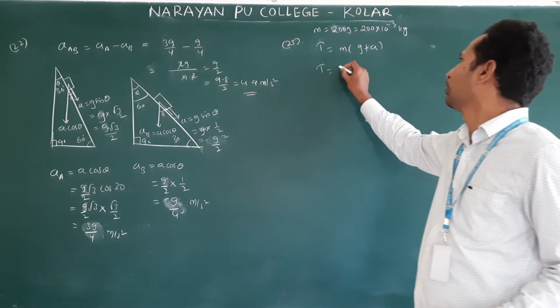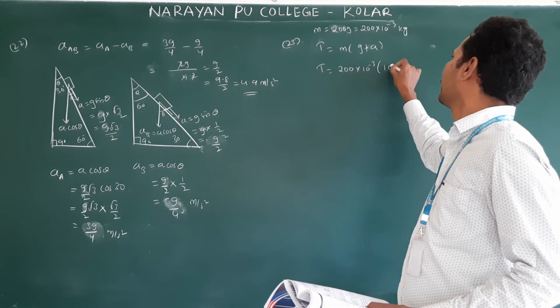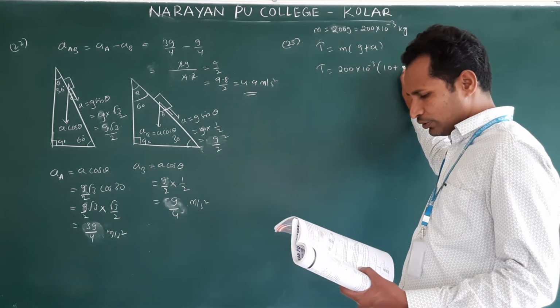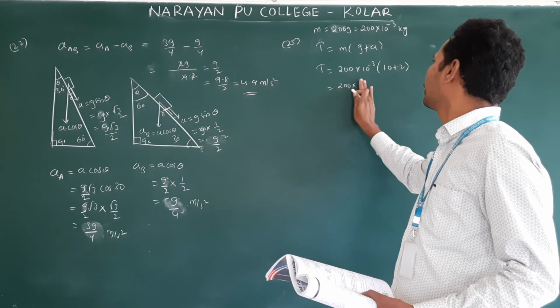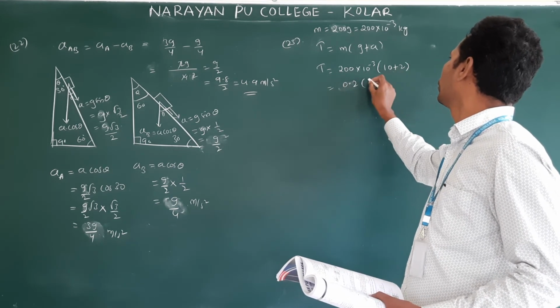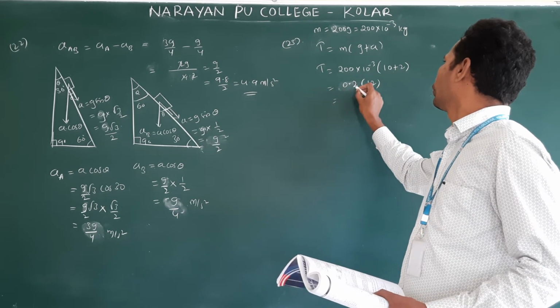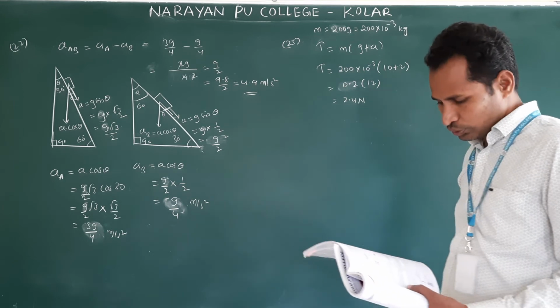Now write down: 200 into 10 power minus 3, into (10 plus A). What is the A value? 2. So this is 0.2 into 12. So 2 into 12 is 24, and with one decimal it is 2.4 Newton.